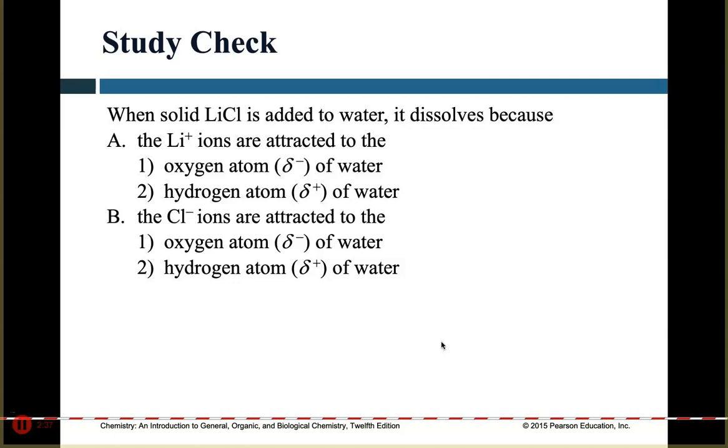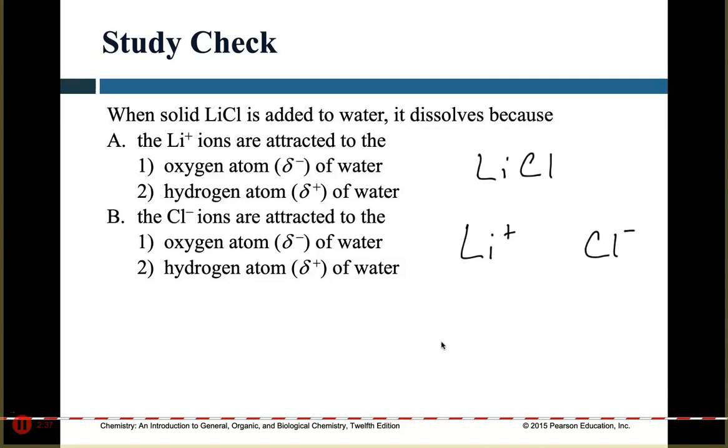We're still in 9.1, but this is our second study check question. It's giving us a solid, lithium chloride, being added to water. And then it's asking, when this molecule, lithium chloride, dissociates into ions, right?